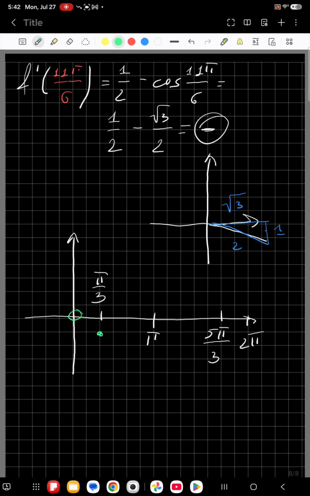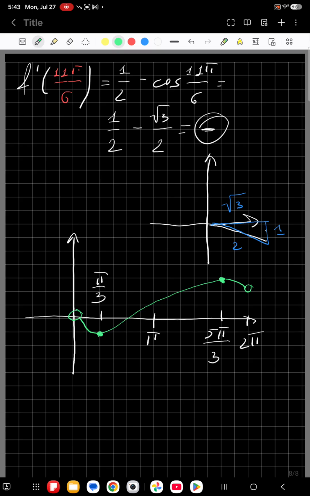And we have minimum here, and then we have maximum at 5 pi over 3. So the graph looks like this, and then crosses. Let me try again. Okay, so we go down here, then we cross, we make that maximum here, and then after that function goes down, and here for the 2 pi we have open circle again, because 2 pi doesn't belong to that interval we're interested in.